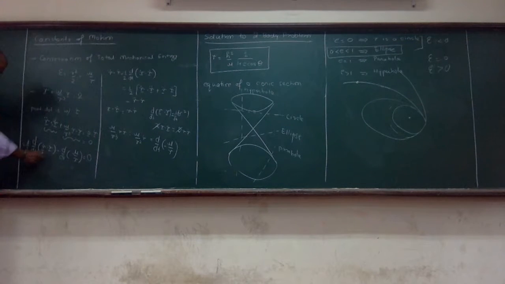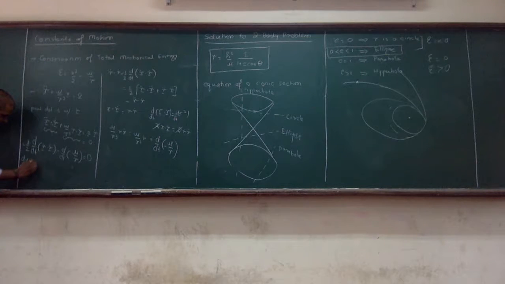What is this? r dot with r dot is what? r dot square, right? So this, I'll write it as d over dt. Can I write it as v square? Yes, okay. Half v square, what is that?